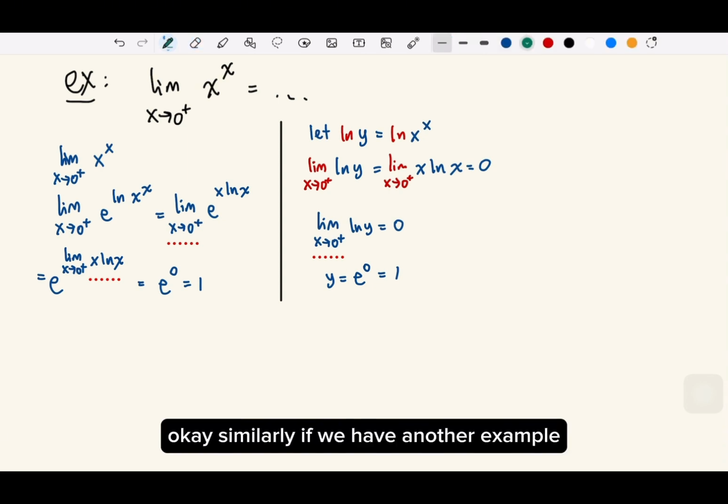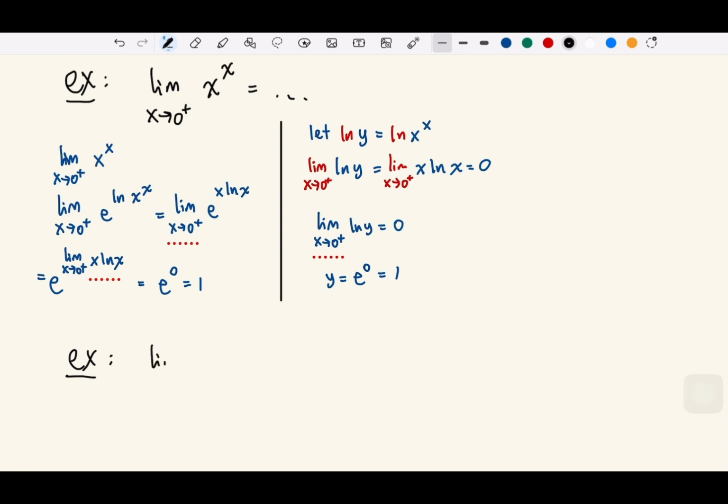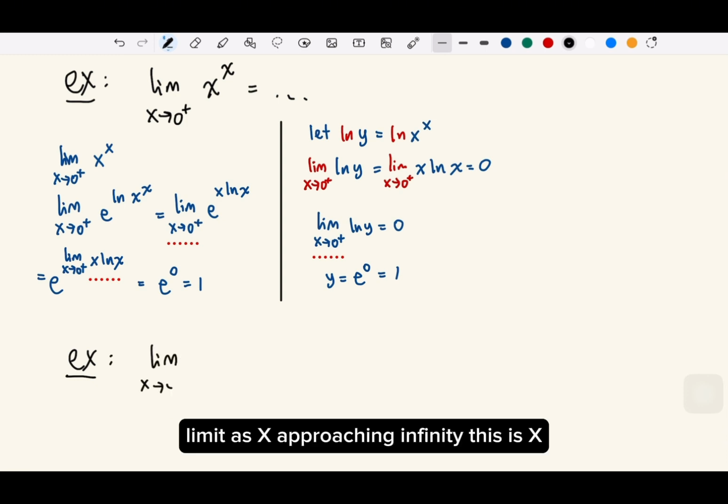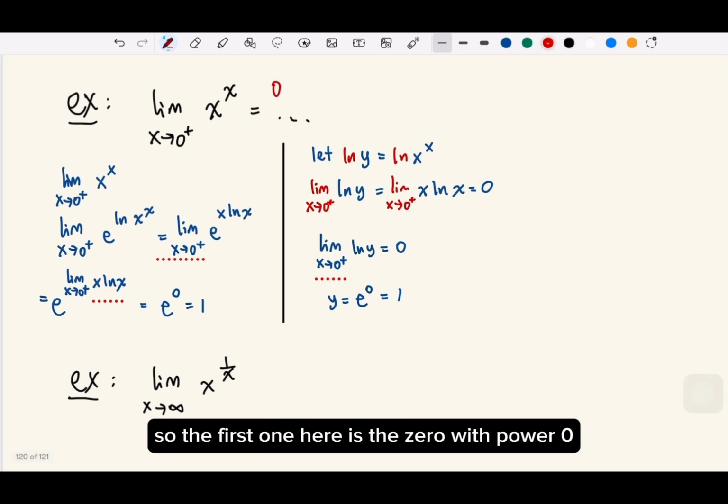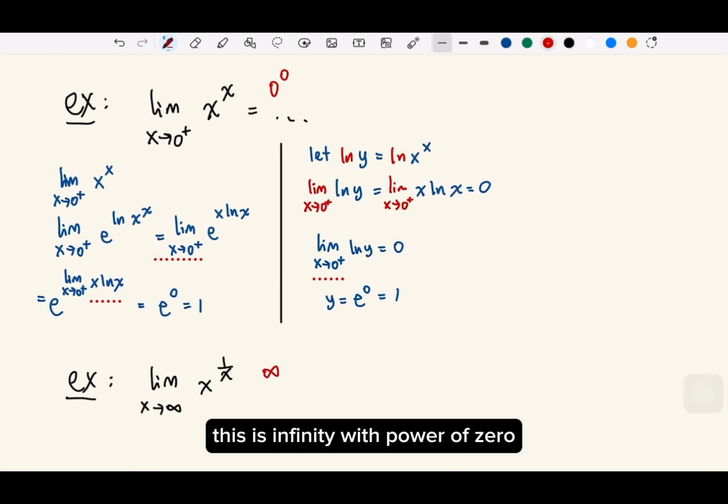Okay, similarly, if we have another example, the limit as x approaches infinity of x to the power 1 over x. The first one here is 0 with power of 0. This is infinity with power of 0.